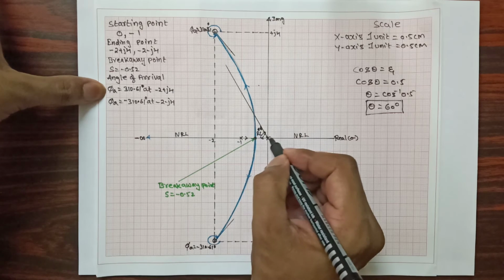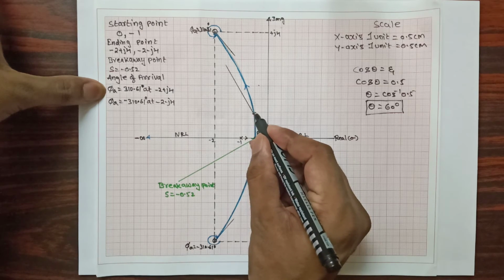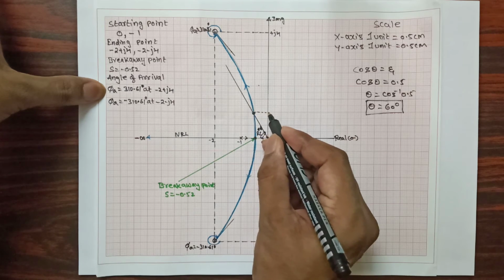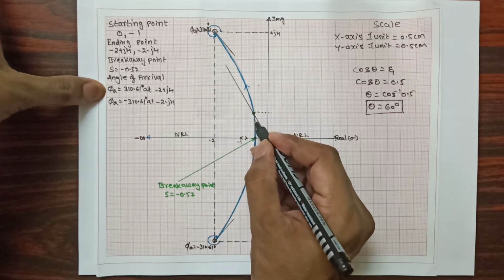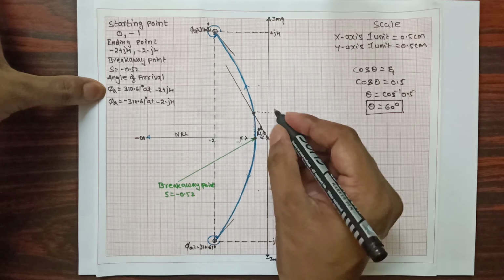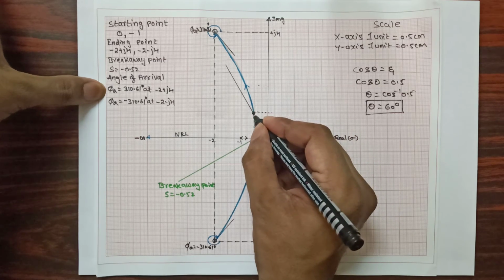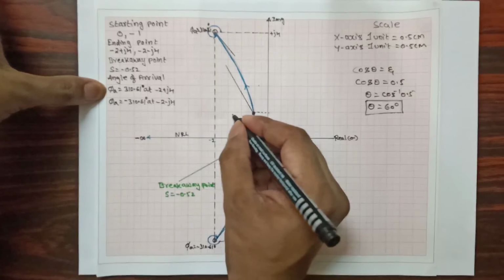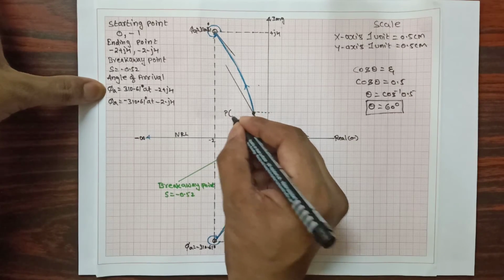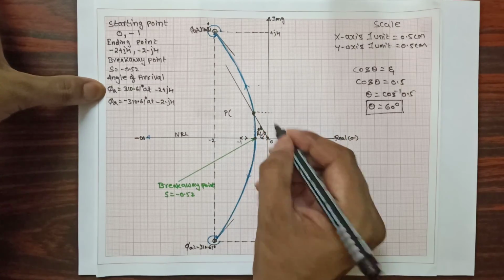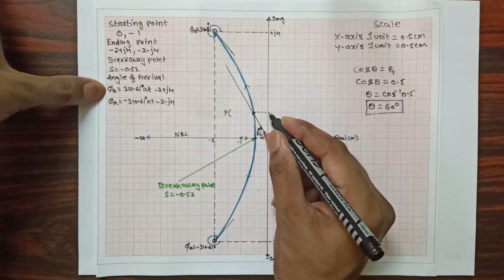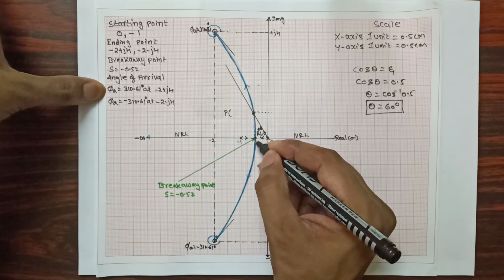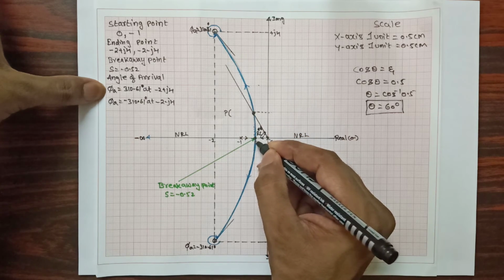Now the point where the angle is intersecting the locus, from this point we are going to get the imaginary value and the real value. We consider it as a point P. Here, 1 unit is 0.5, so the imaginary value I am getting is 1, and the real value I am getting here is minus 0.5.